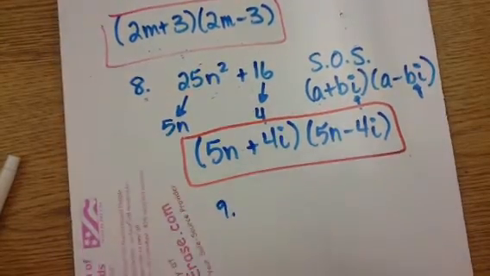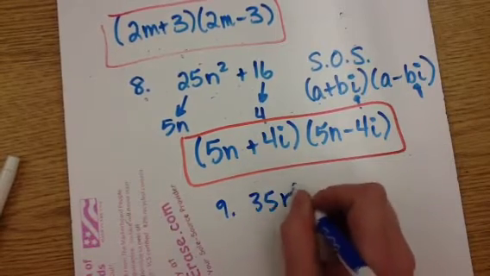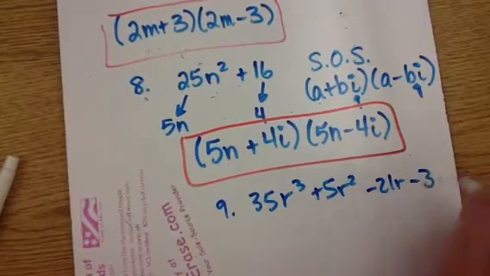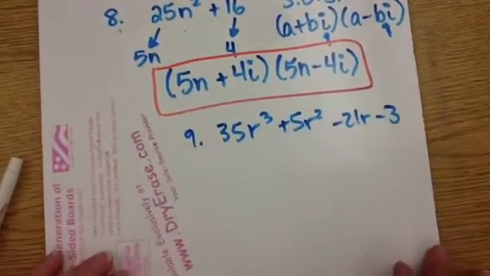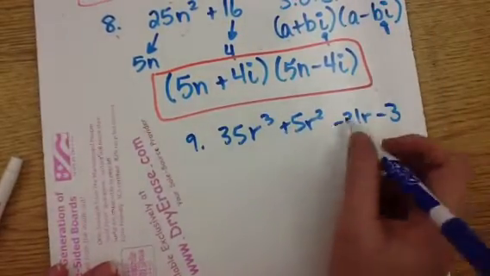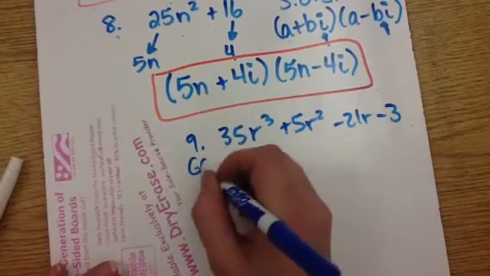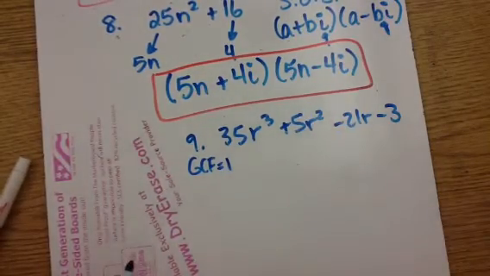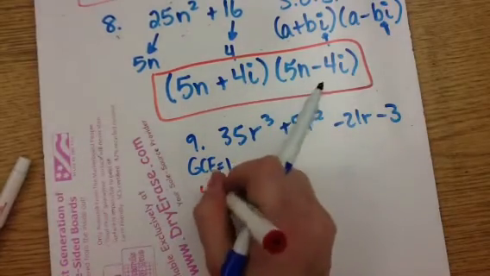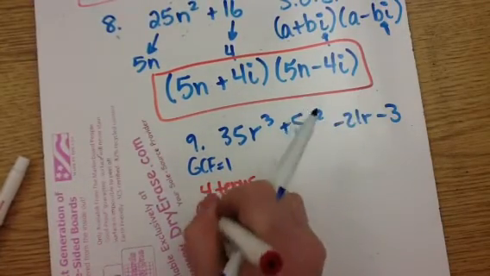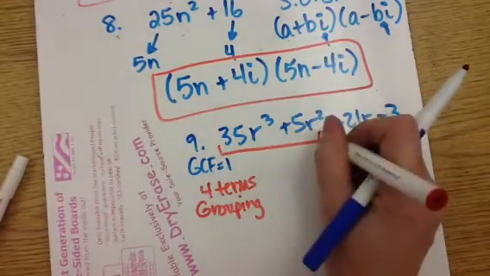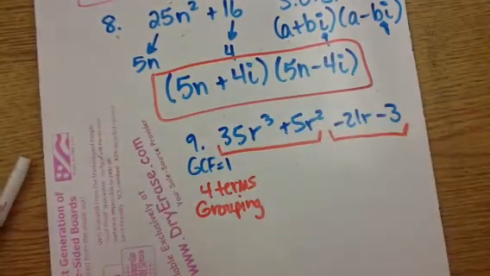Number 9, 35r cubed plus 5r squared minus 21r minus 3. So I look to see, is there a greatest common factor? No. And then I look to see how many terms. There are 4 terms, so I'm going to be factoring this by grouping. So I'll group together my first 2 and group together my second 2.